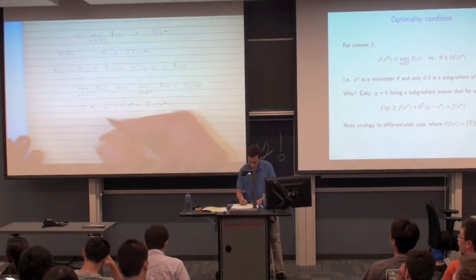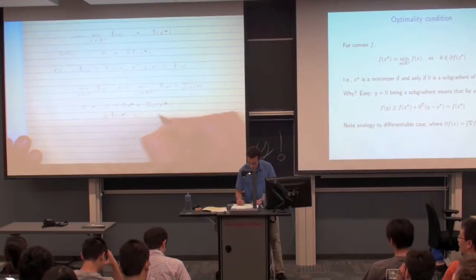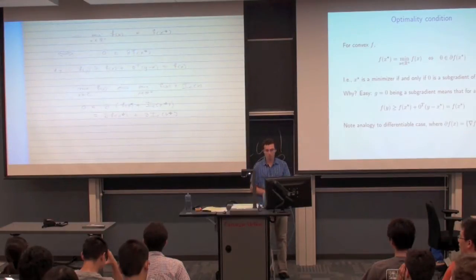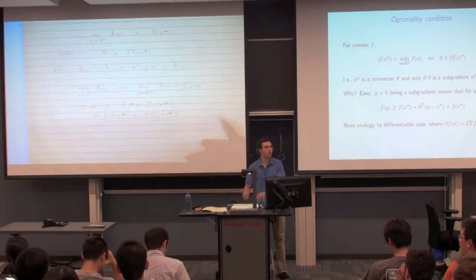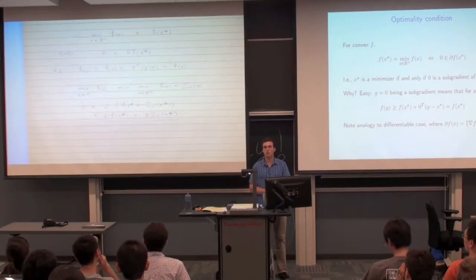And from my subgradient calculus rules, that set is just that set. I can typically compute this, and we actually just described that. Those are all the normal vectors. So we can also characterize optimality for constrained problems too.